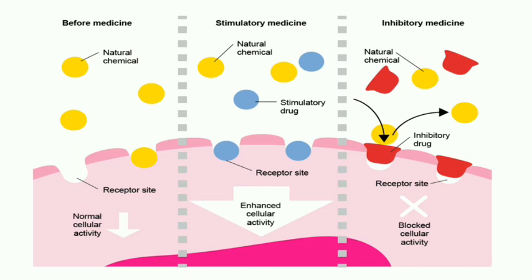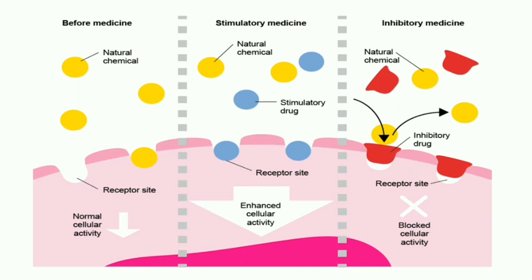So when we introduce a stimulatory drug, it will divide into its components and mix with the natural chemicals. These stimulatory drug components bind to the receptor sites and then enhance the cellular activity of the cell.